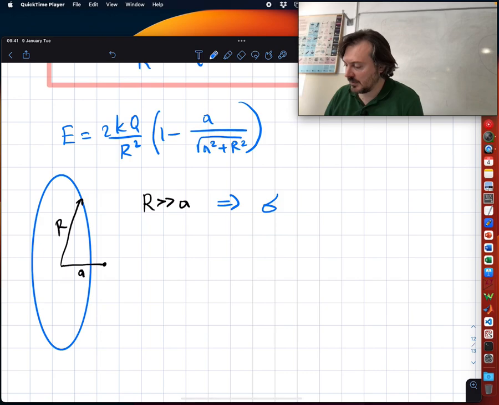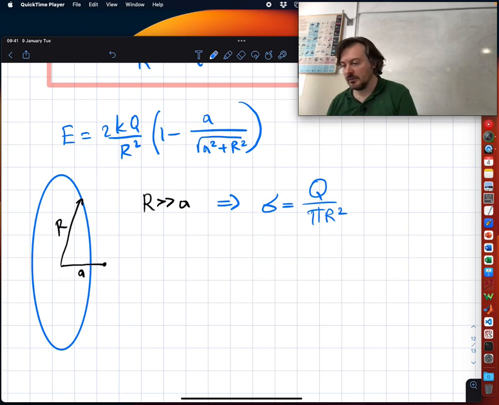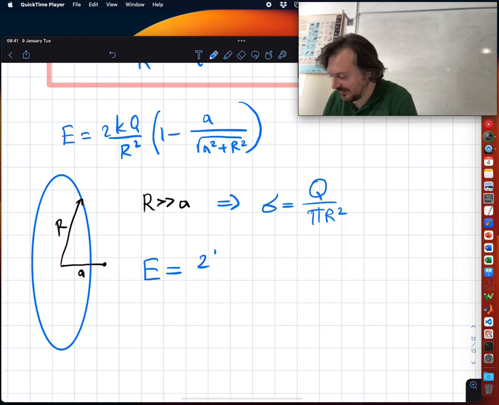So sigma is q over pi R squared, right? Do you remember this? So we have q over R squared here. Let's just sigmify it: q over R squared is sigma times pi, right?